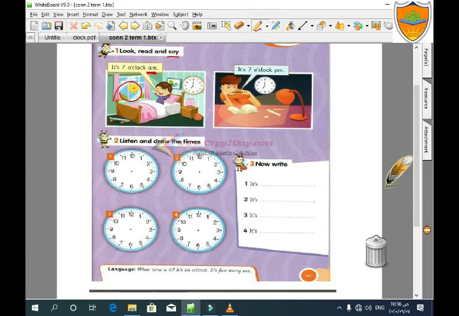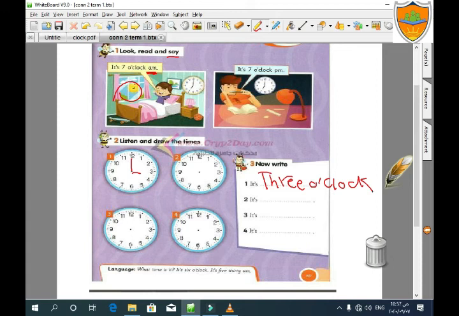Question number 2, listen and draw the time. Watch number 1, what time is it? It's 3 o'clock. So the short hand is on 3 and the long hand is on 12. So it's 3 o'clock. Number 2, what time is it?